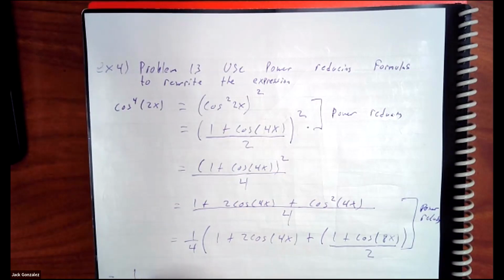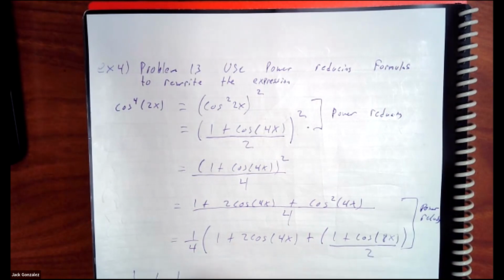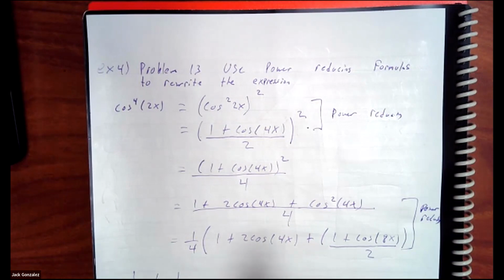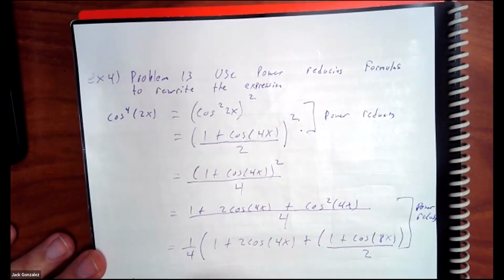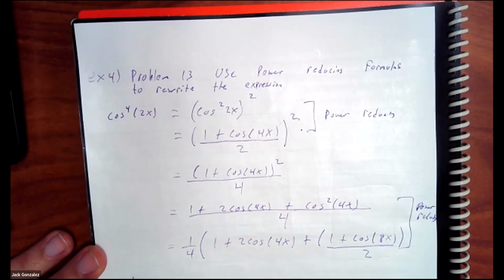So go ahead and multiply everything by a fourth, I guess. 2 times a fourth, that would be a half, right? Well, no, I'll leave it as a fourth. Oh, yeah, sorry.